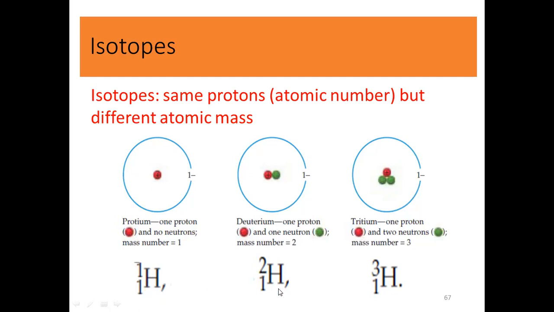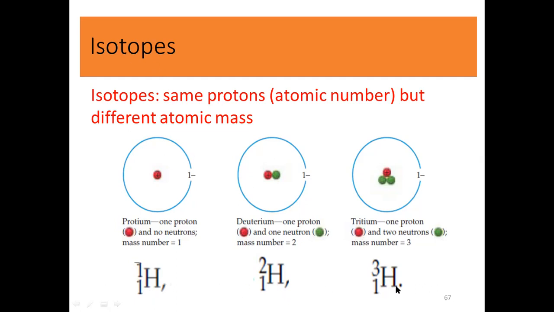If you move to the other one, 1 and 2, this is the atomic number and this is the mass number. When you move to the third one, again this is the atomic number and this is the mass number. So the mass number may vary, but the atomic number will remain the same in case of isotopes.